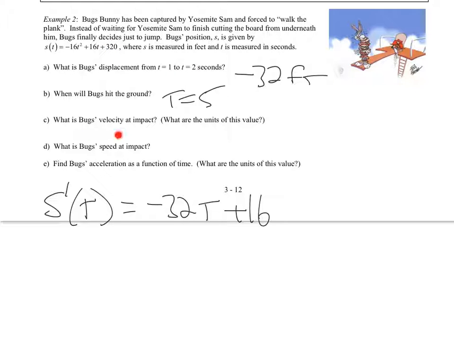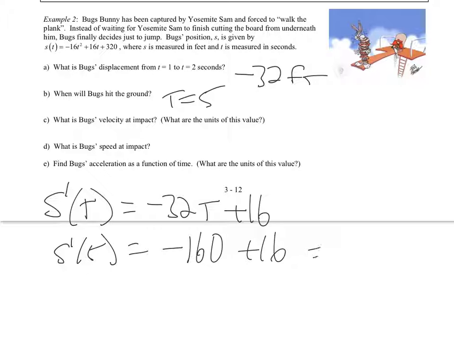Now they're asking me what's the velocity at impact. Well, we know he hits the ground at t equals 5, so it's s prime of 5. Well, let's see, 5 times negative 32 is negative 160, plus 16. So we're going to add those. So what is that? Negative 144.